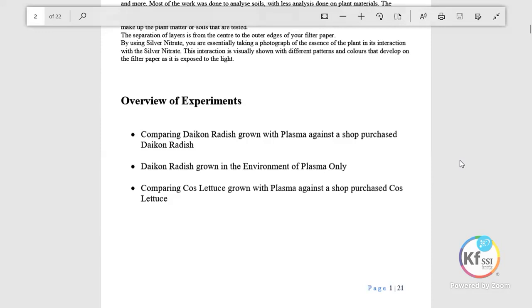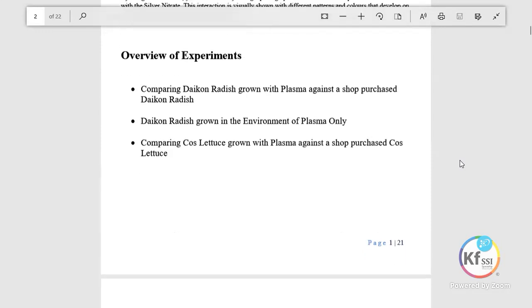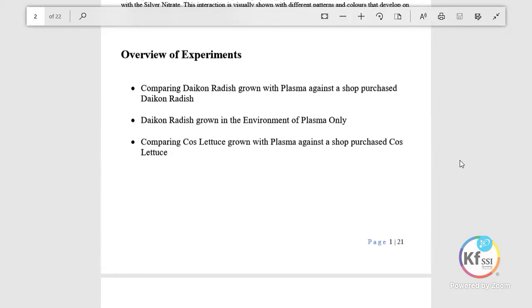What we had looked at was comparing the Daikon radish, which we had shown last week, that had been grown with the plasma. The only way we could do a comparison was to purchase some Daikon radish from another grower. We had also done some of these chromatographies on Daikon radish which we had just grown in the environment without any addition of GANs.